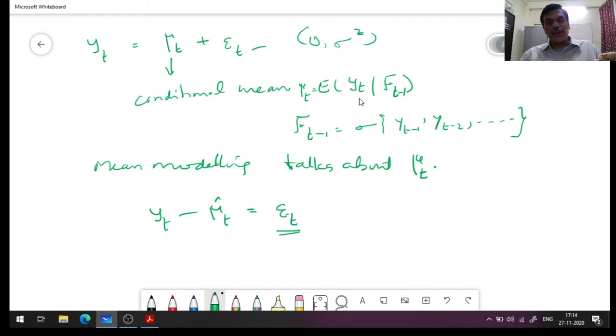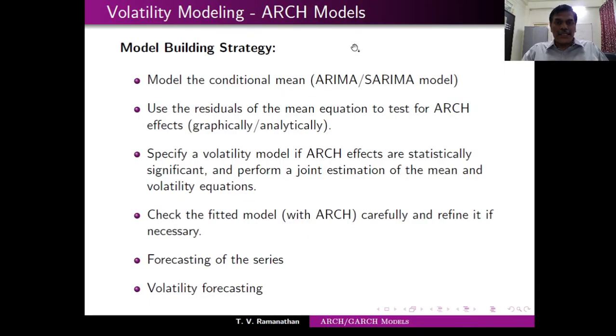So there is no need of doing this, but that is a very special case. When you do the data analysis, you can see that some of the y_t's behave like epsilon_t, so no need of taking care of this. But if you need to take care of that, we go through the mean modeling, and that's what we have learned in these steps: ARIMA, etc.